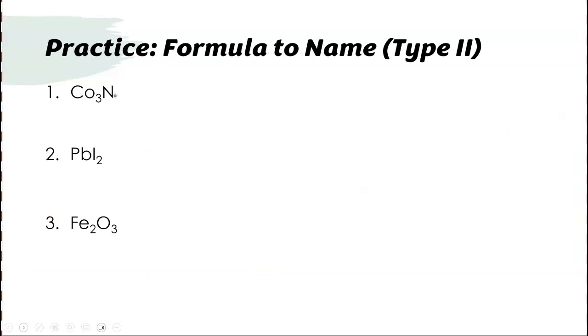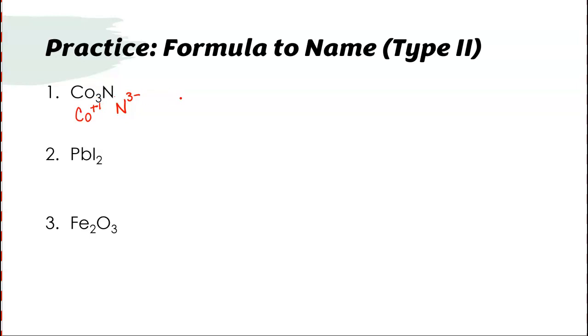So first, cobalt and nitrogen. Nitrogen makes a -3 charge. And then that means cobalt has to have a +1 charge here because there are 3 of them and they have to balance.